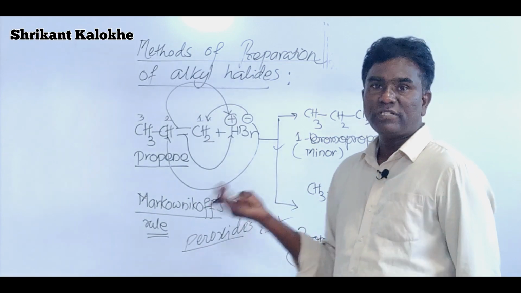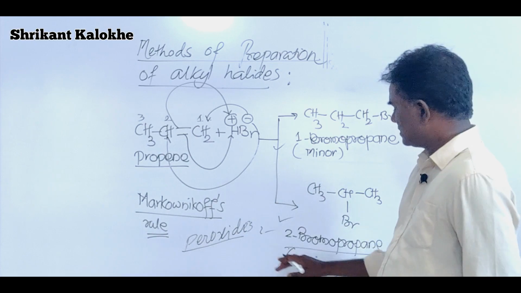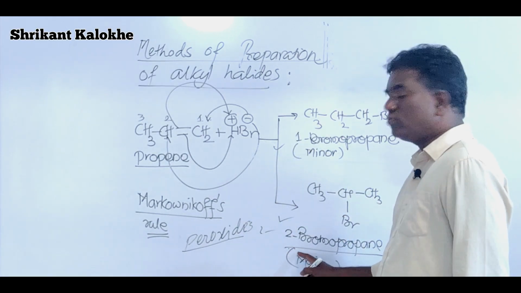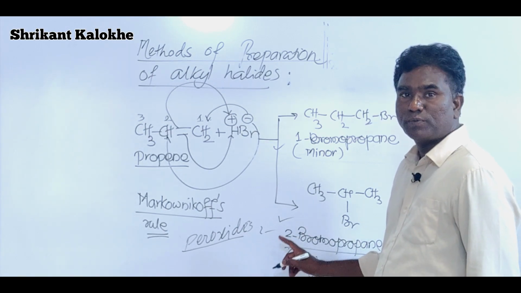Peroxides are like benzoyl peroxide, sodium peroxide, those could be added in this reaction. You will get 1-bromopropane as major product and 2-bromopropane as a minor product. Those are anti-Markovnikov's rule products.